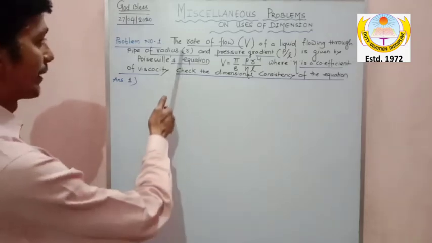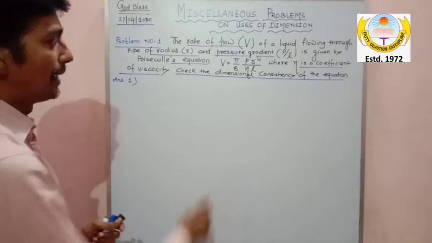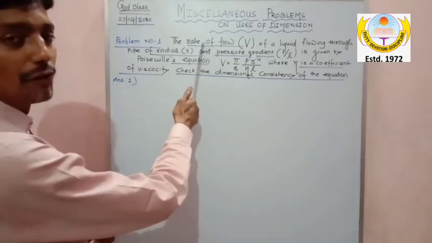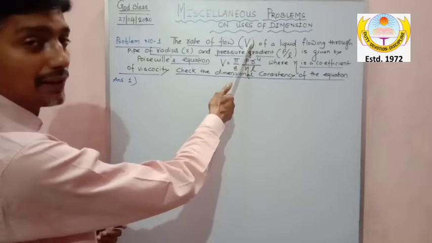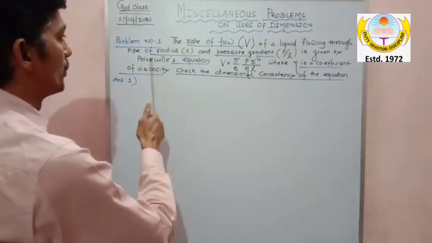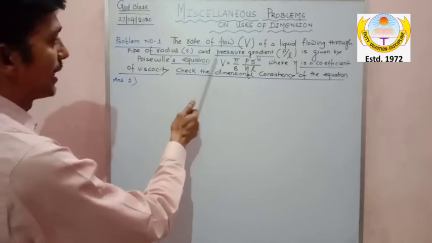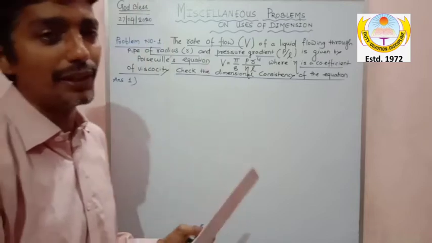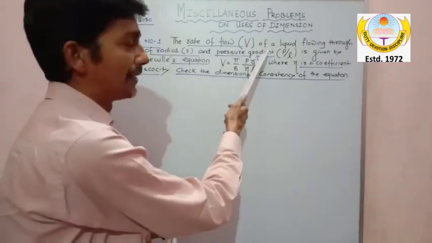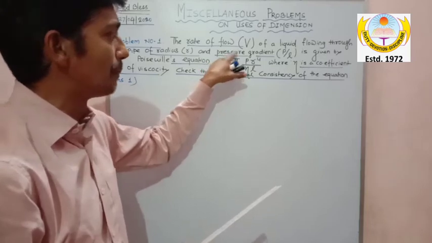The question is the rate of flow of liquid. And my dear, the concept here is rate of flow. This word is a lot of concept. The rate of flow, denoted by capital V, of a liquid flowing through a pipe having a radius R, and pressure gradient. In all my earlier dimension videos, I told you any quantity that ends with gradient will be divided by distance.